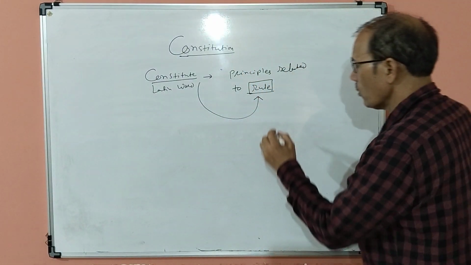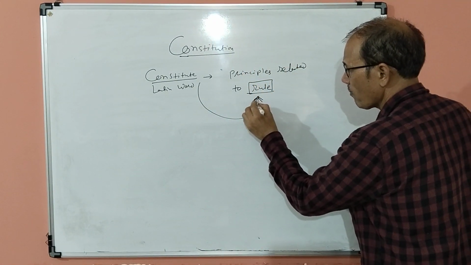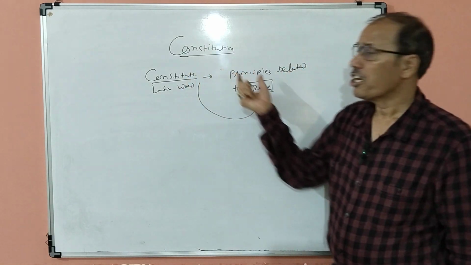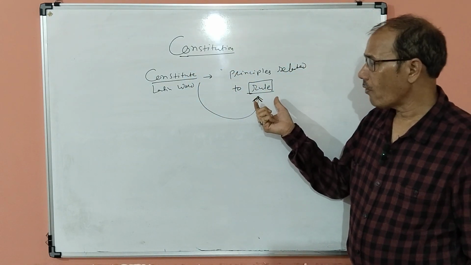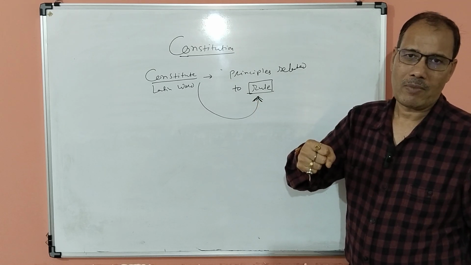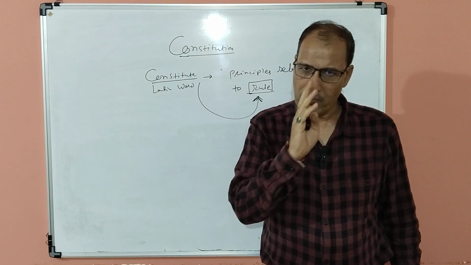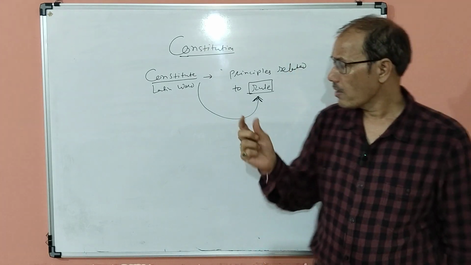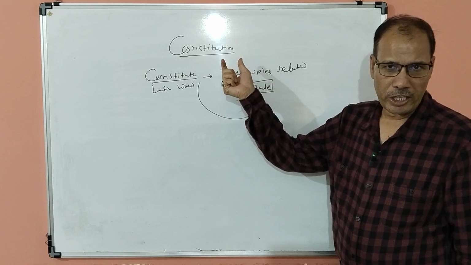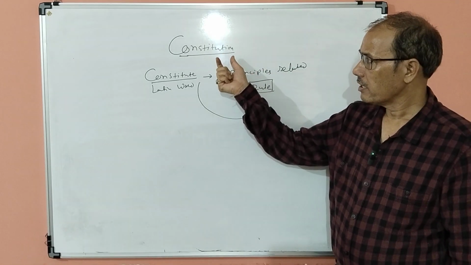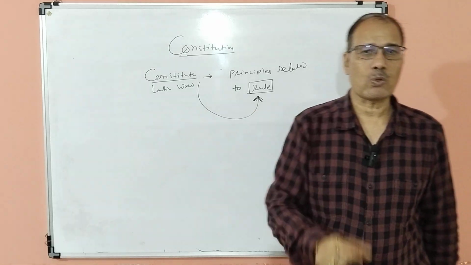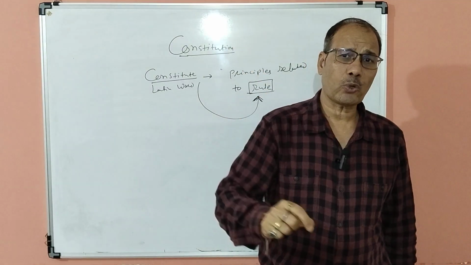Okay, so this rule comes out of the constitution, meaning the power of rule. How to rule? Some power must be provided, some power must be given behind the authority, so that it can impose rules, it can frame rules, and it can execute rules.